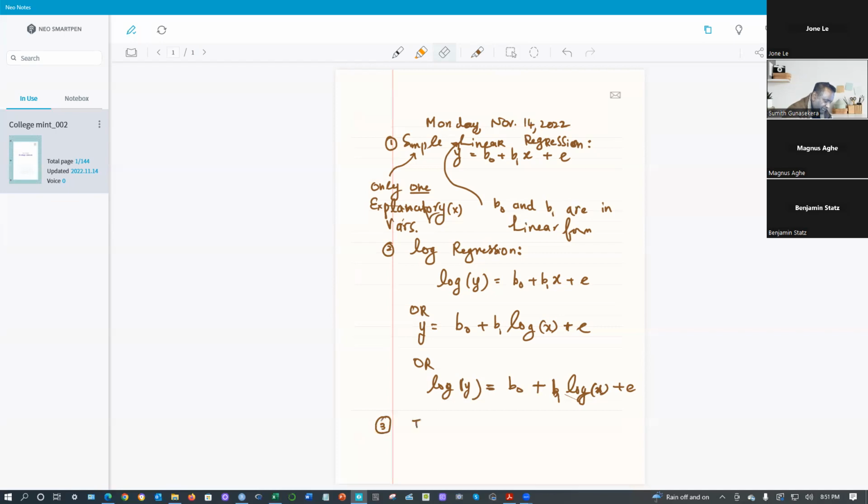Inverse regression. Sometimes in the same simple setting you use the one x variable. Under that one, y equals b naught plus b1 times 1 over x plus c.